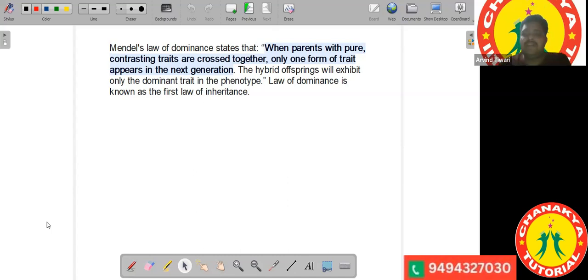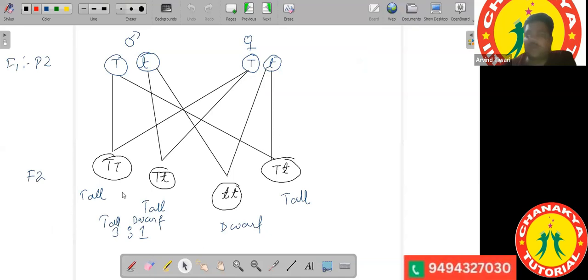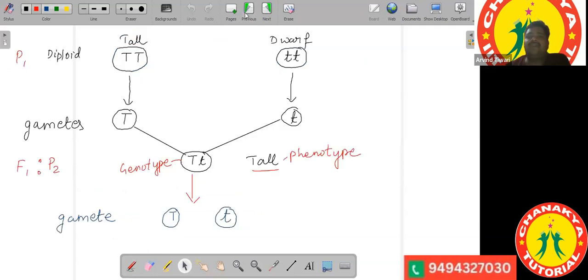So see, whatever results we have obtained in the last topic. What all things we had seen here? First of all, what things are important? The formation of the gametes.